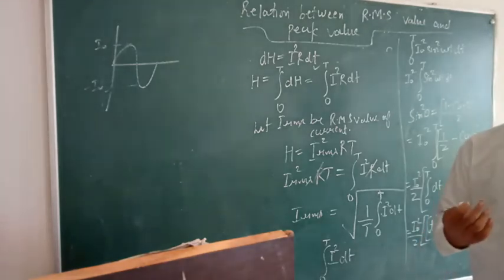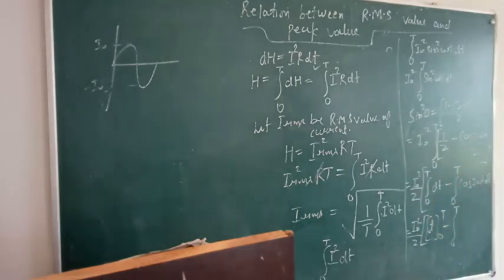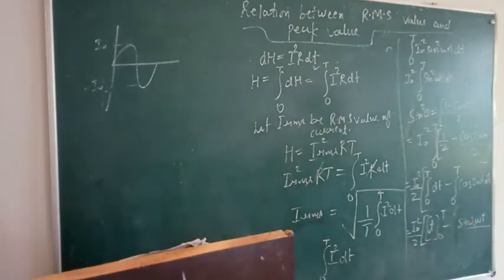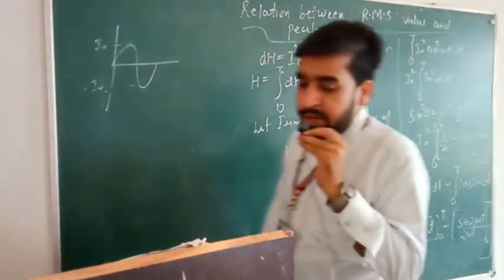Cos integration will be sine only, not minus sine. So this will be sine 2 omega t divided by, because we have done the integration, so the integration sign is removed. Now, coefficient of t will be there in the denominator. So, upon 2, limits yet to be substituted. Okay. So, this will be the expression.